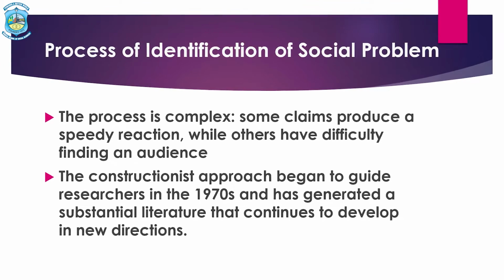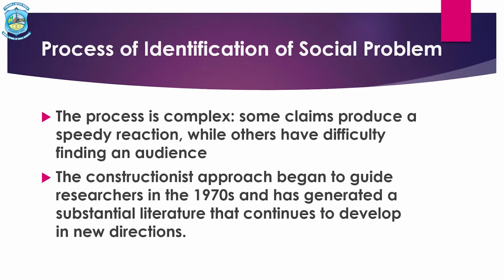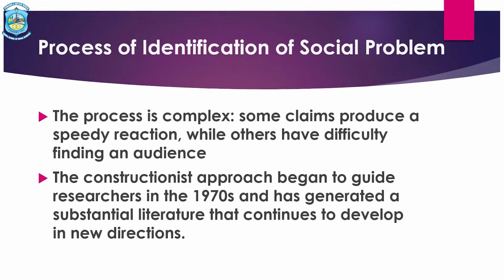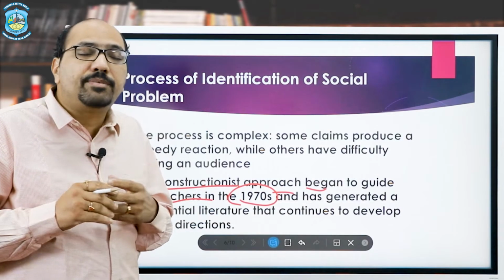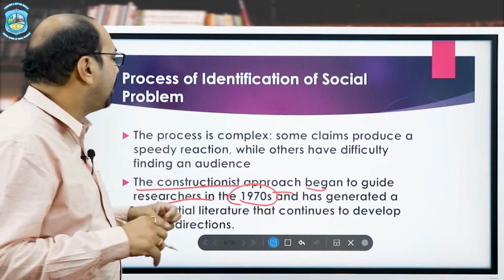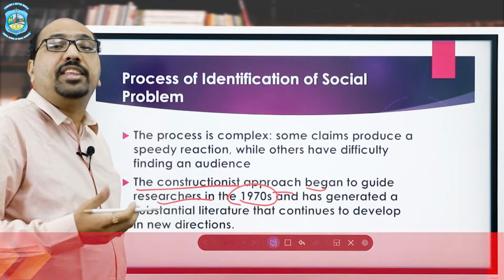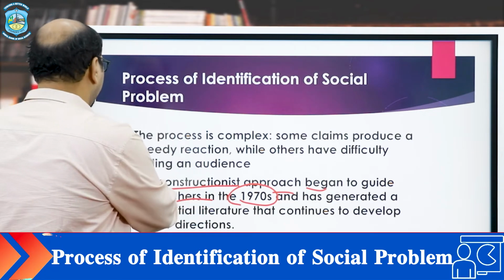There may or may not be some problematic element or some potential to damage society, but we can play around with the public opinion. And the moment they got convinced that public opinion is something which can be played around with, they started experimenting with this, and finally it evolved as the social constructionist view. So that's what is mentioned here.